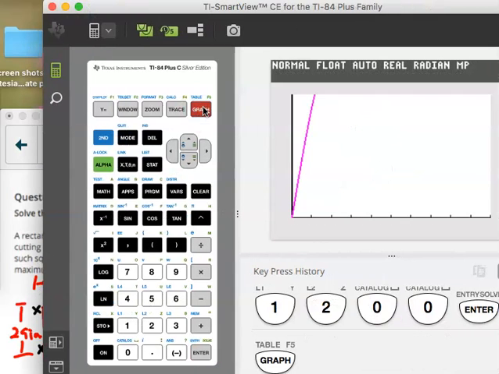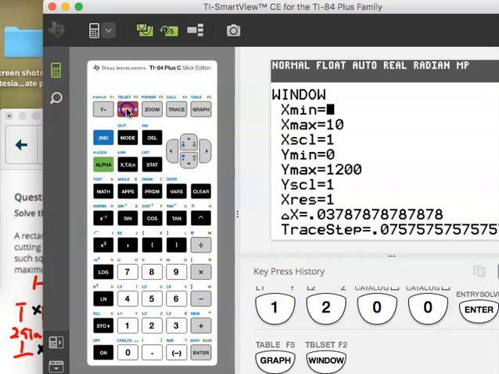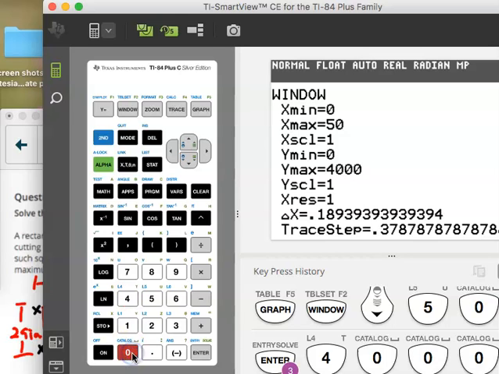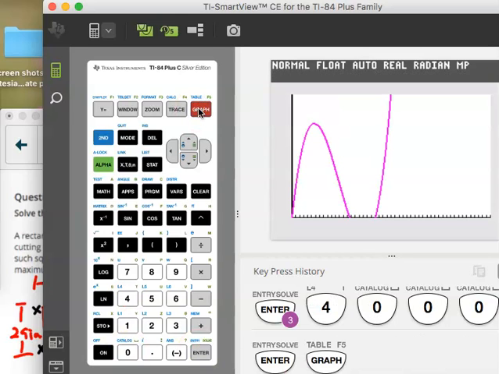And hit graph. Well, I definitely didn't go high enough, and I don't have enough x's. So I will try 0 to 50 and 4,000. There it is. Now, the part that we know we're going to use is going to be that piece of the graph, that interval. That's because if we messed around with the domain, we would find out what our x's need to be.